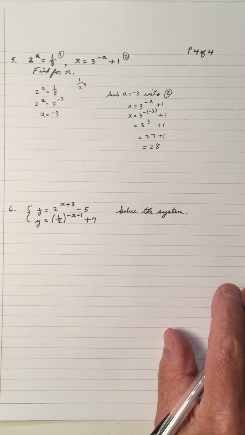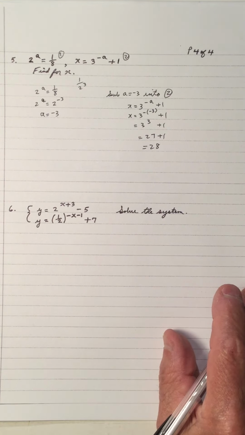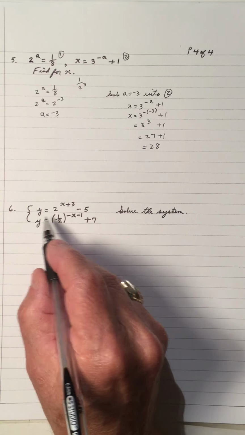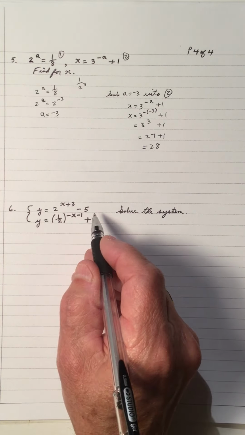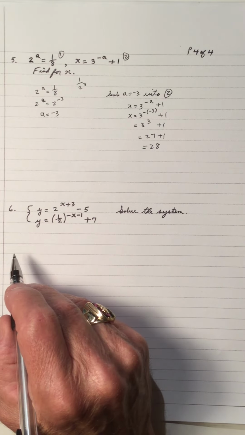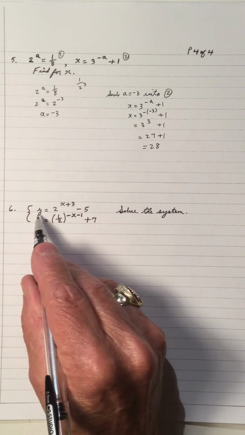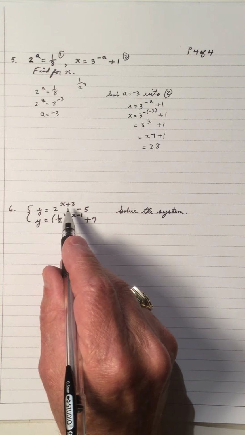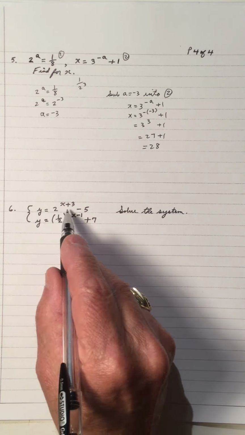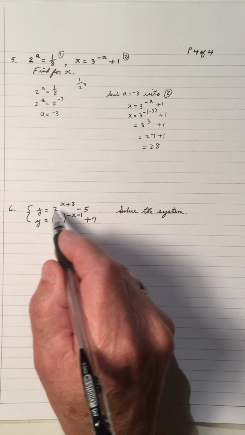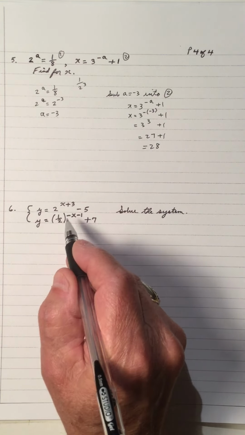And the last one to do, solve the system. Solve the system means find the values of x and y. Notice both equations look like parabolas, but they are exponential equations equal to each other.